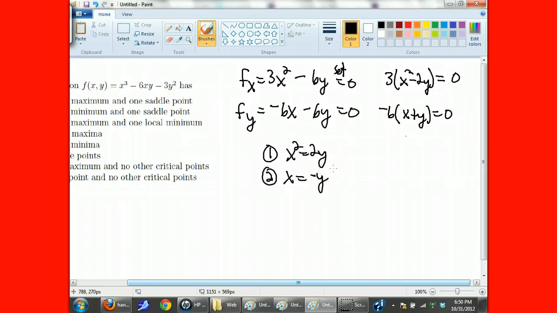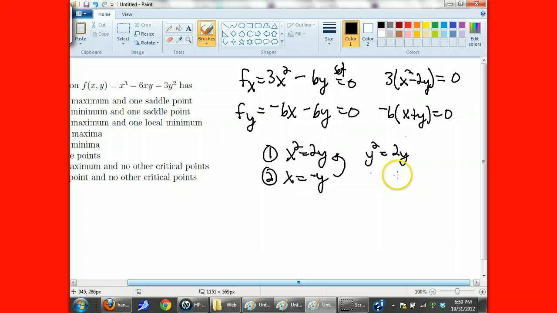Take these facts together. Let's take the second equation and plug it into the first equation. Every place you see an x, put a negative y. It says that y squared has to be equal to 2y, or that y squared minus 2y is 0.